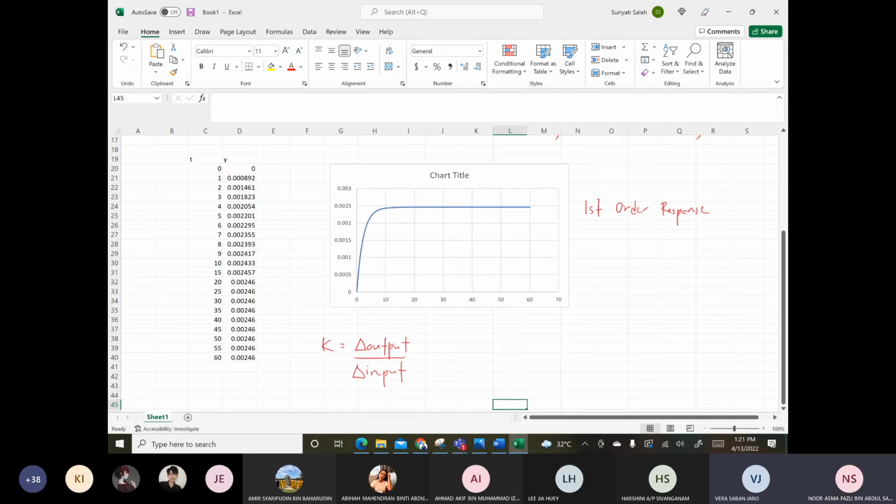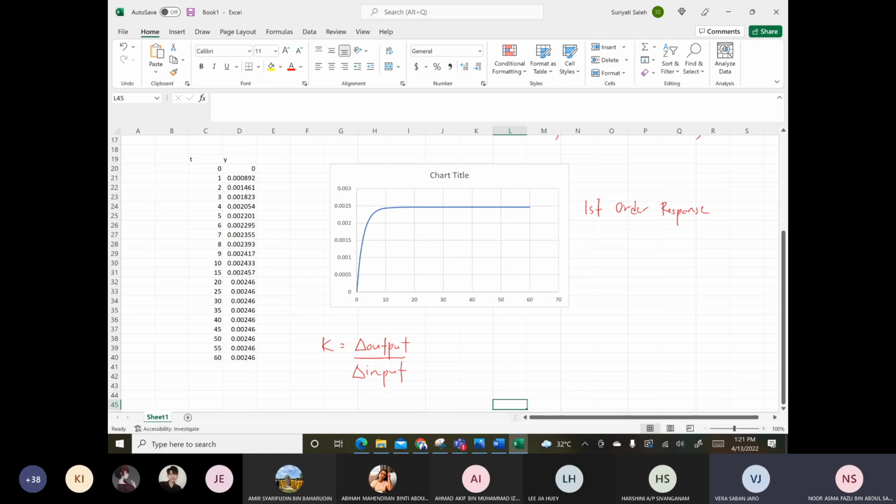So let's say sometimes the K can be obtained directly based on the expression. You substitute the value of the variable, then you get the value of K. So in this case, there is another way to obtain the value of K, which is from the formula delta output over delta input.